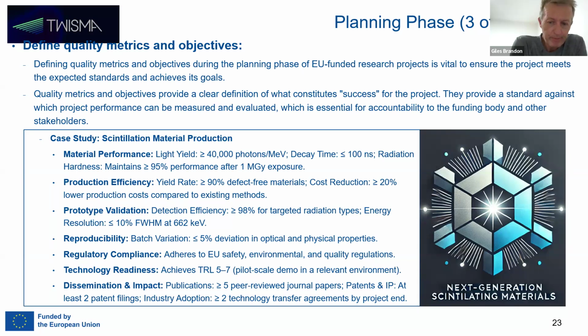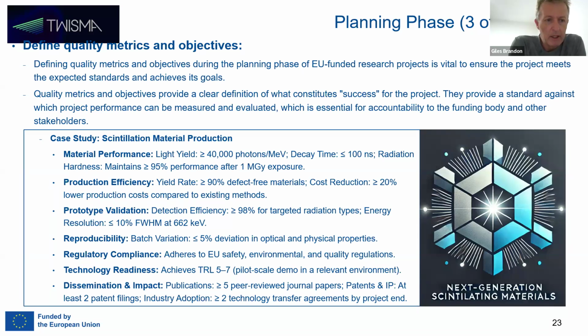So the funding body, the EU, if you get your project, they're going to need to have a way to assess, are you being successful? Are you implementing the project as you said you would? And this is where quality metrics, or more commonly, people talk about key performance indicators, come into play.